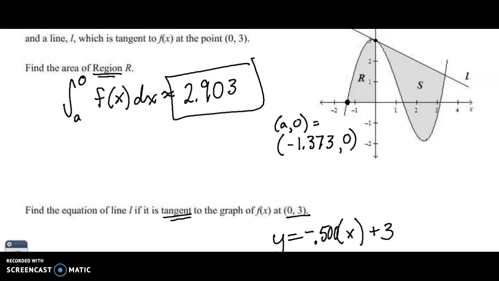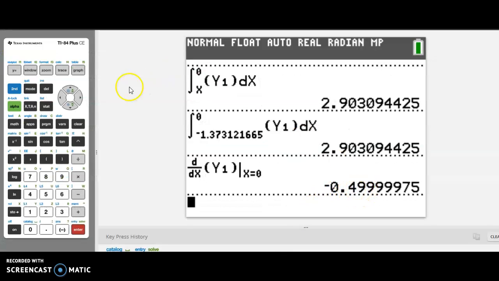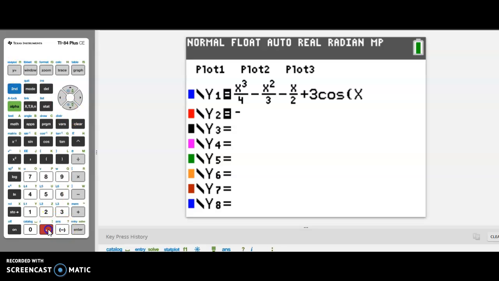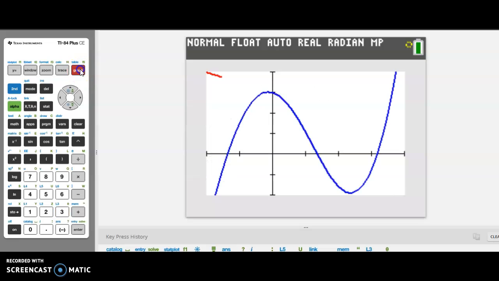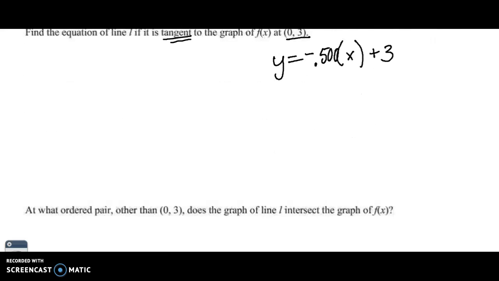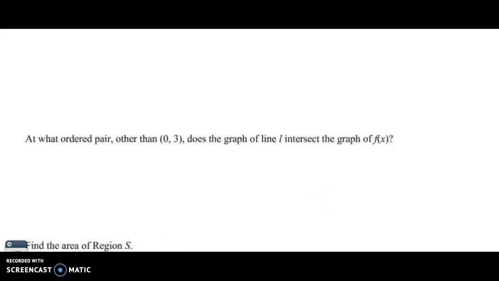Now what you would want to do is create that equation on your graph: negative 0.500x plus 3. If I go to my graph, you'll actually see it. Now we need the other ordered pair, and we can use our graph to figure that out.